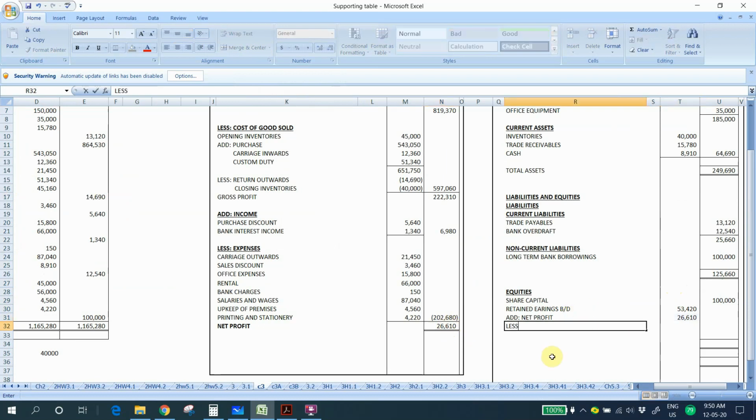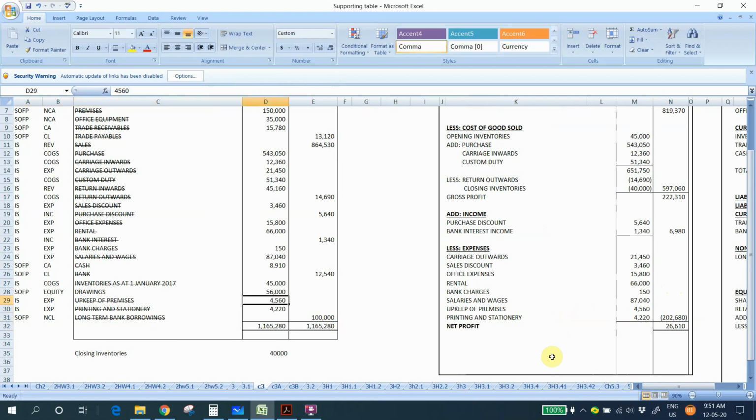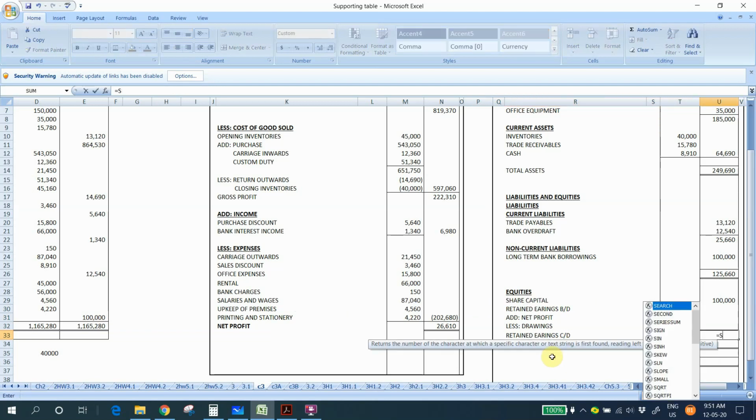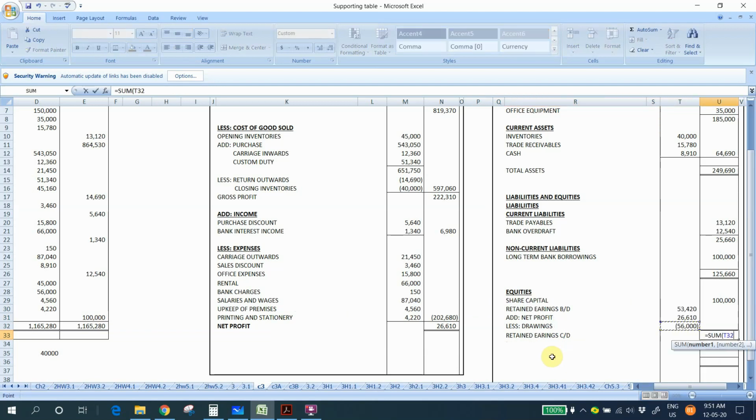And then we less the drawings of the company. Drawings of the company is 56,000, so less is a negative. And then the retained earning carried down will be the sum of the above.